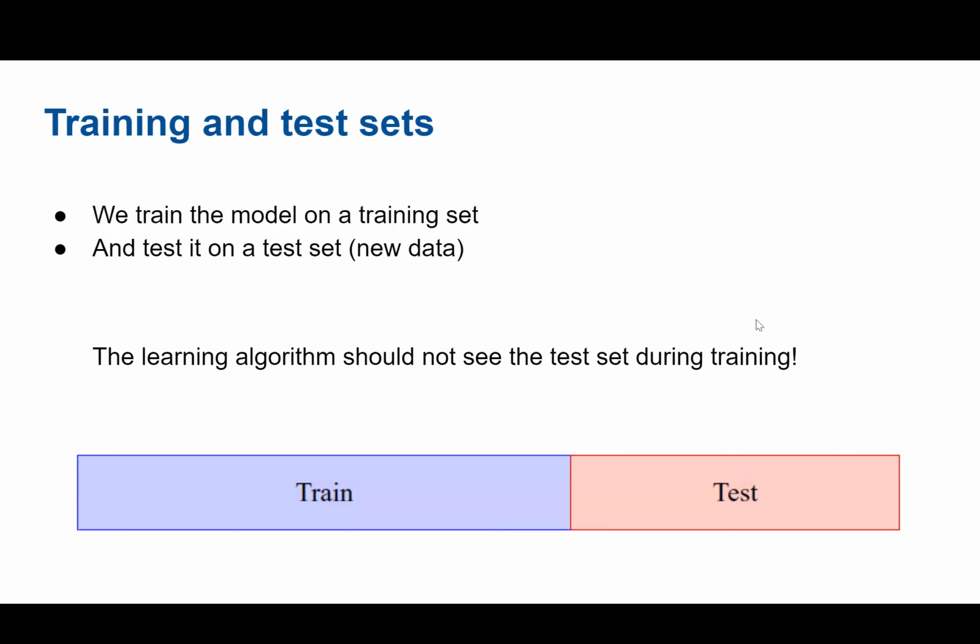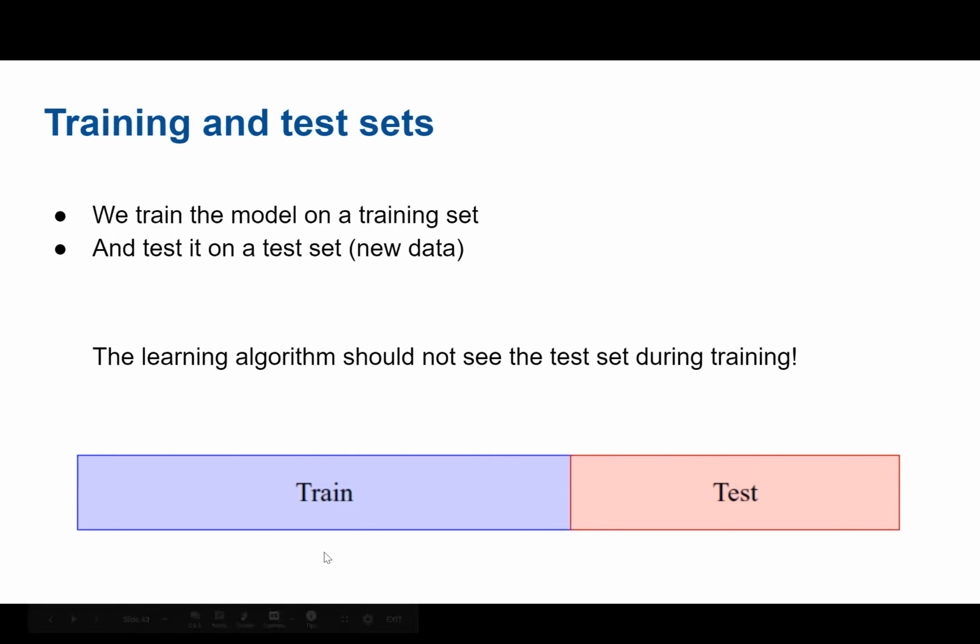Training and test sets. Usually we use training and test sets. We train the model on a training set and test it on new objects, new samples, on a test set, new data. The learning algorithm shouldn't see the test set during training.